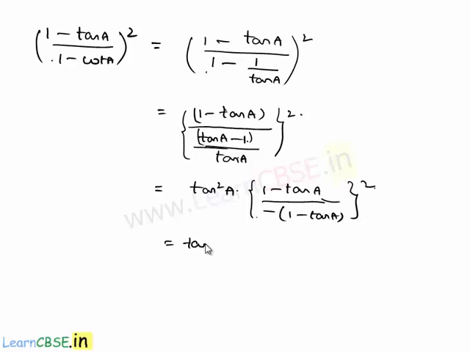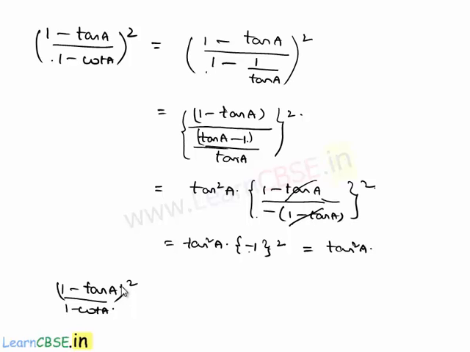Which is equal to tan square a into, here this will be cancelled and this will be cancelled as it is common in numerator and denominator, and we are left with (minus 1) whole square, which is nothing but 1, and 1 into tan square a is tan square a again. So ((1 minus tan a) by (1 minus cot a)) whole square is equal to tan square a.